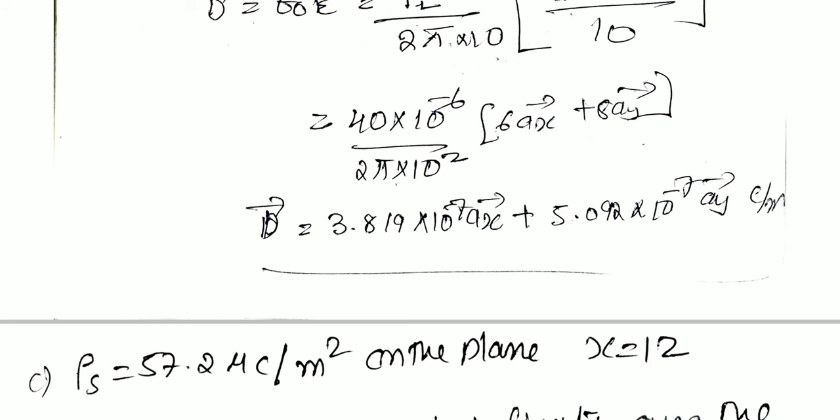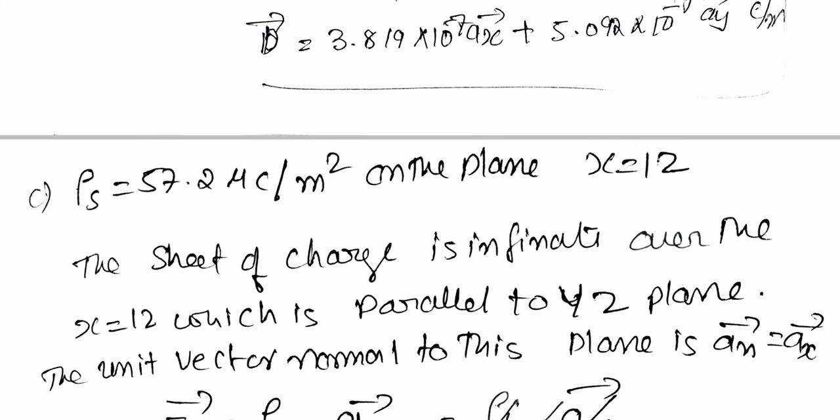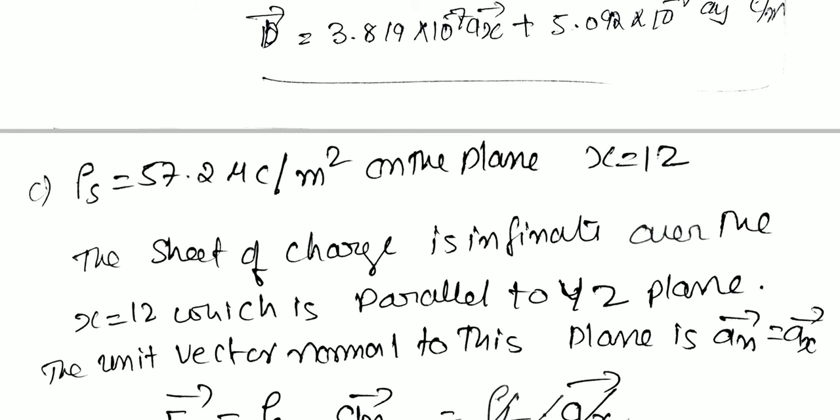Okay, so lastly, if I take a uniform sheet of charge, the sheet of charge rho s is given by 557.2 microcoulomb per meter square on the plane x equal to 12. So we have taken a sheet of charge. X equal to 12 means the sheet is present at x equal to 12. It indicates it is parallel to the y and z axes, because only the x value is there, the y and z values are not there.